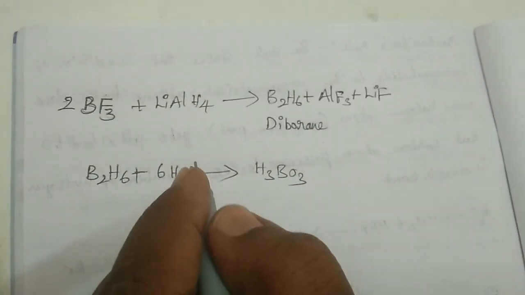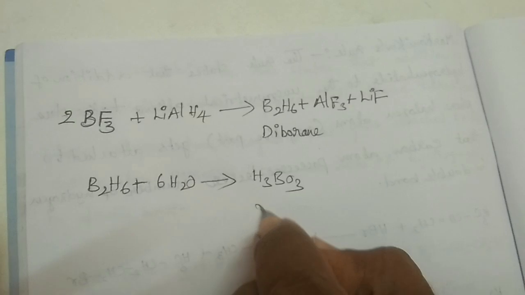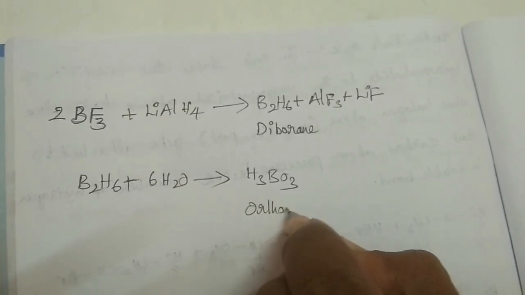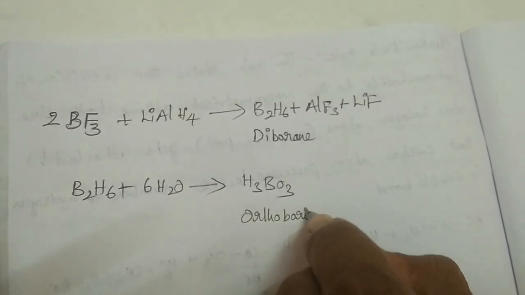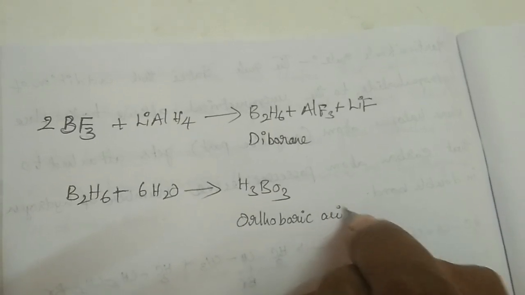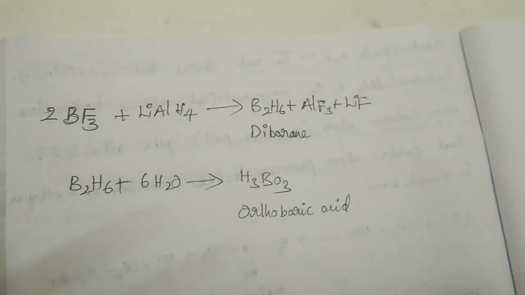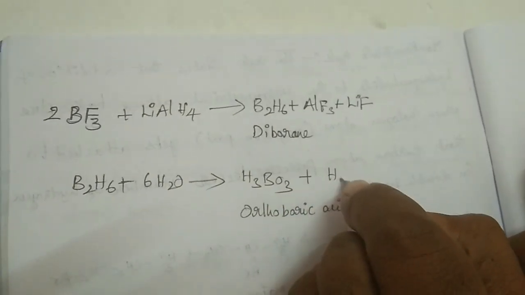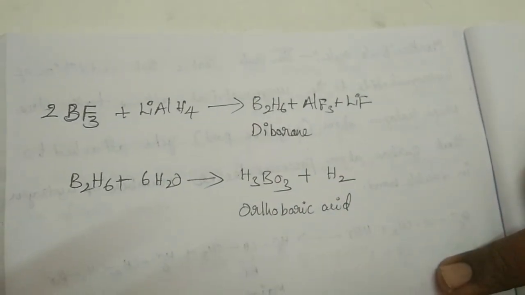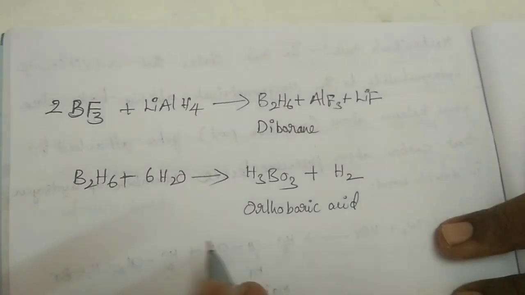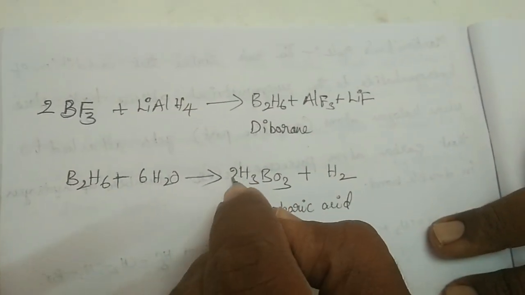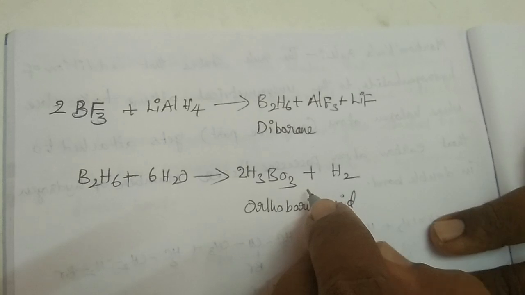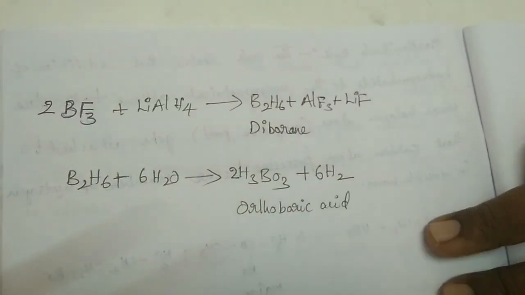This is called boric acid or orthoboric acid. Along with this, hydrogen will form. So here, 2H3BO3 and 6H2.